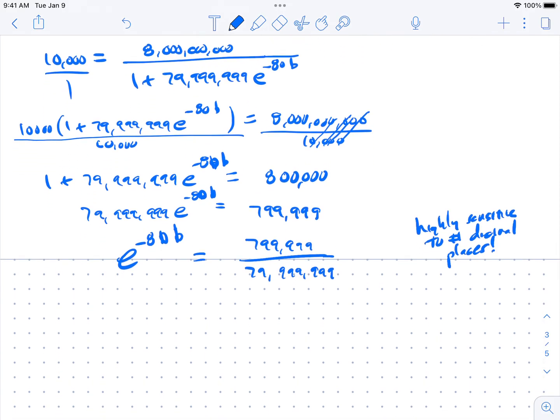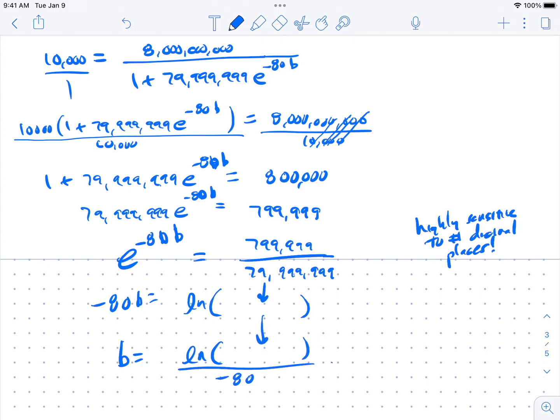Take the log of both sides. Remember how this stuff works? Natural log of, and if you don't mind, I'll just say that goes in there. And then the last thing you would do is you would divide both sides by negative 80. So the natural log of, yep, that stuff goes there, is being divided by a negative 80. Okay, now I'm going to have to get a decimal.